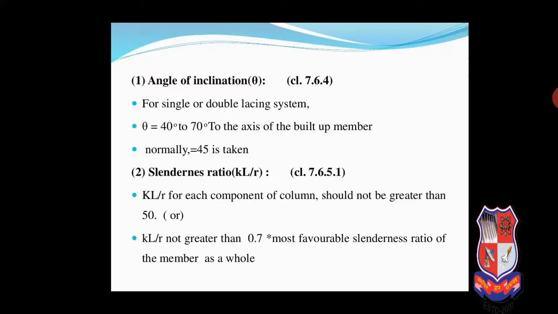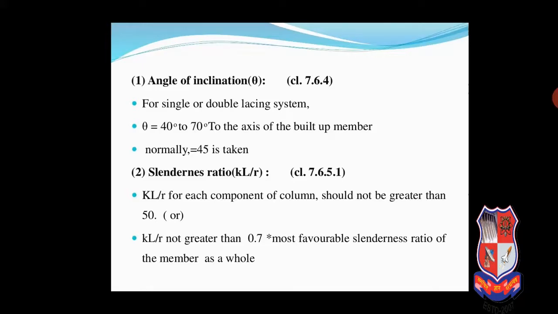The second one is the slenderness ratio, denoted by KL/r. It is given in clause number 7.6.5.1. KL/r for each component of the column should not be greater than 50, or not greater than 0.7 times the most unfavorable slenderness ratio of the member as a whole.